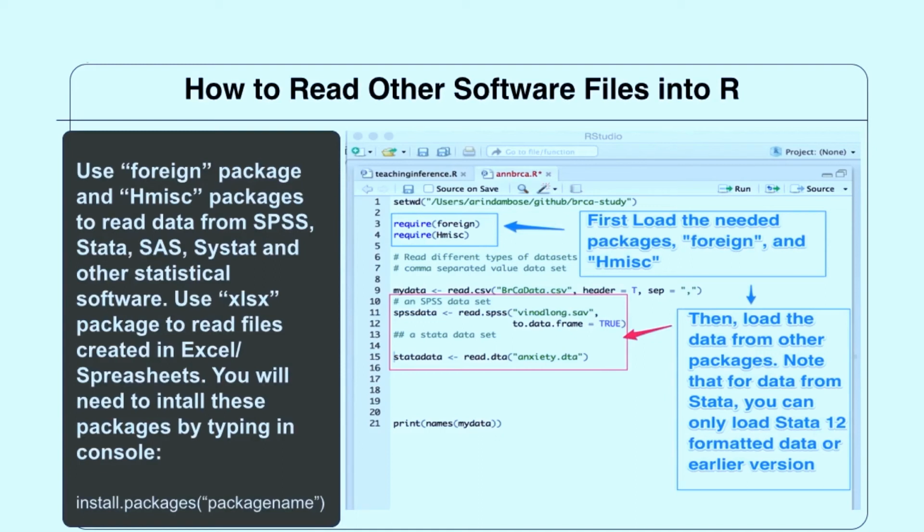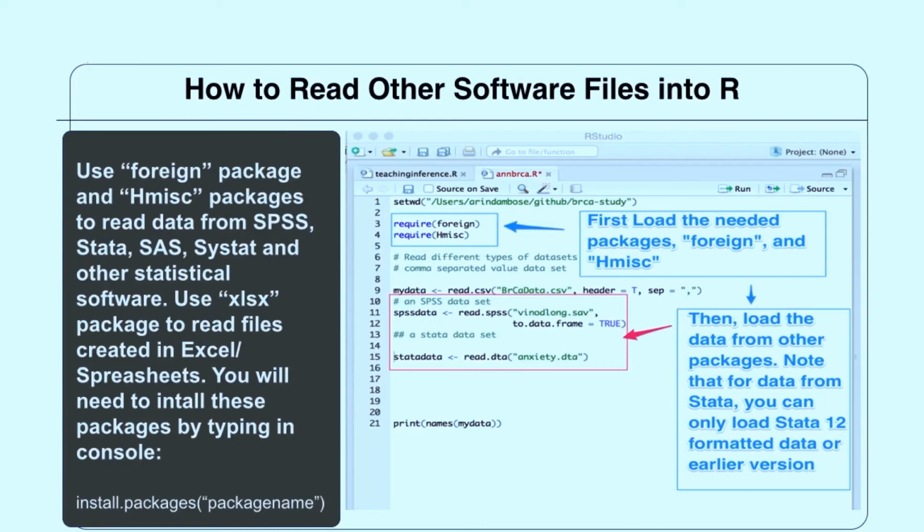You can also use another package known as the Hmisc package, and these packages were specially written for this particular purpose. If you want to read data from a Microsoft Excel spreadsheet, use the xlsx package to read data from Excel spreadsheets. And essentially, it is very simple.